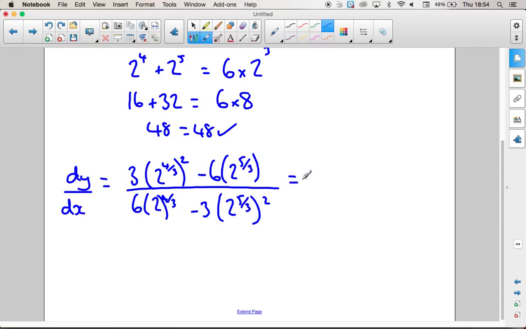So I am now just going to type all of this in on my calculator because nothing's going to cancel nicely. So 3 bracket 2 to the power of 4/3, all squared, take away 6 lots of 2 to the power of 5/3 is hopefully 0.